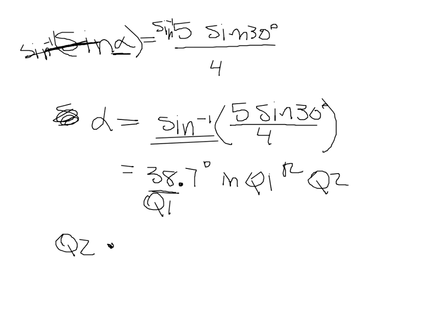I need to find the quadrant 2 angle. And how I do that is I take 180 minus 38.7. And that gives me 141.3 degrees. And again, that's alpha. So I have two choices for alpha.